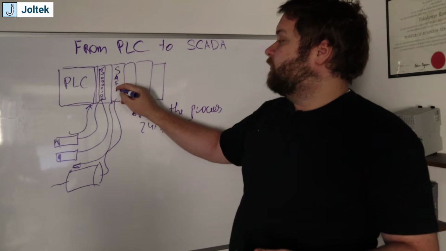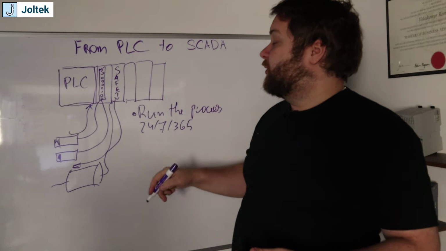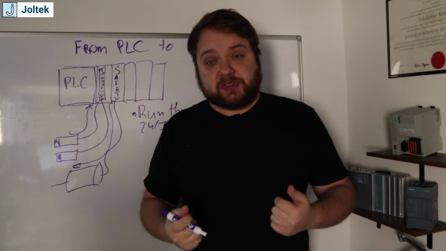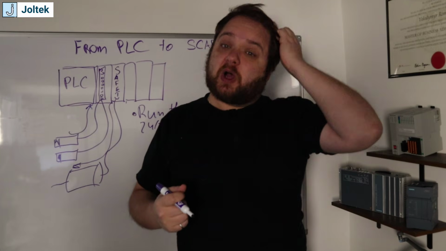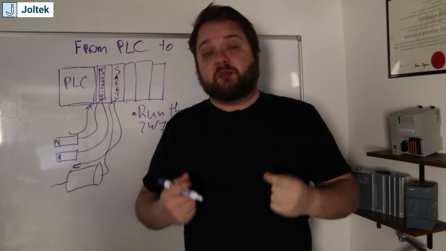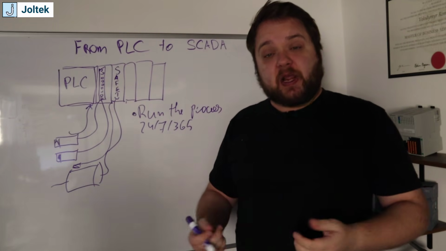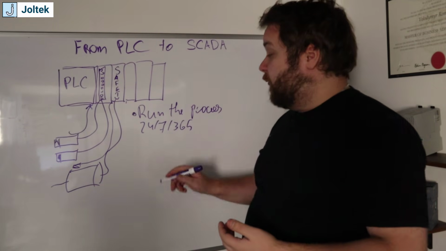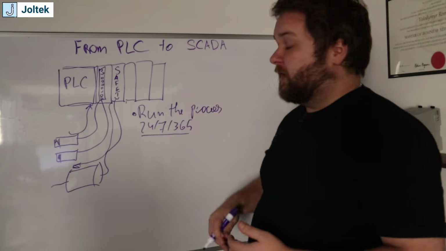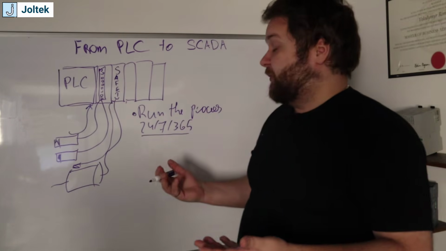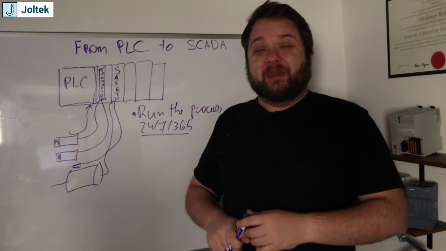Safety is going to be a very important component, but what I'm trying to say here is that PLCs are first and foremost optimized to run a process that needs to be precise, needs to be accurate, and needs to be repeatable for a number of days, hours, years, and some of the PLCs will run for basically decades.